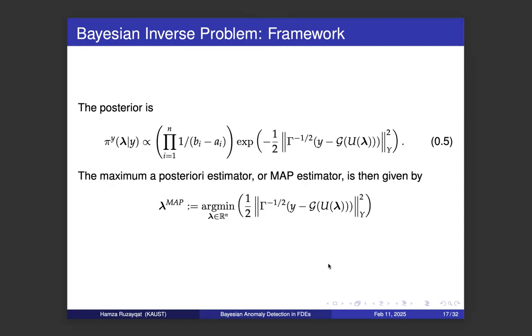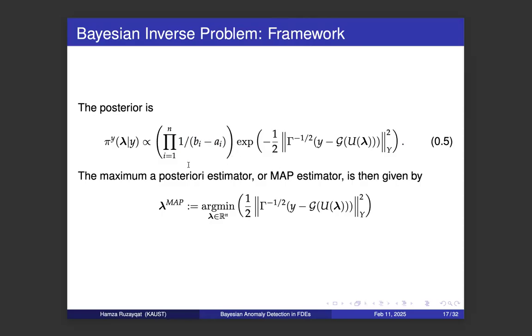And we define the posterior of the problem to be the likelihood times the prior of these parameters, which is just a multiplication of uniform prior densities, times the exponential of minus 1/2 the norm of square root of gamma times Y minus the observational operator applied on U, in the Y norm squared.